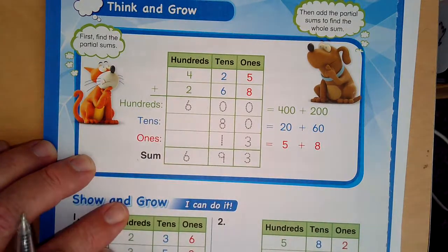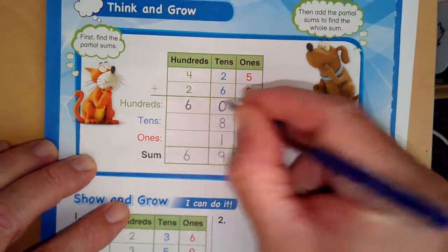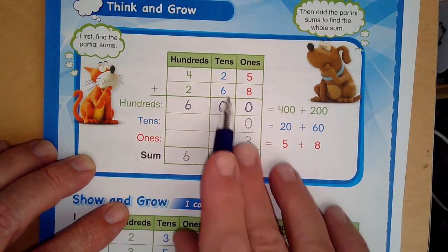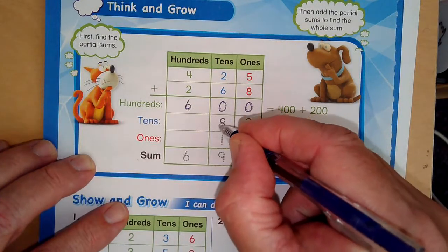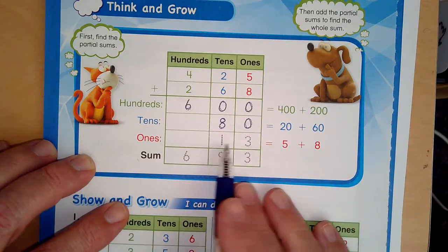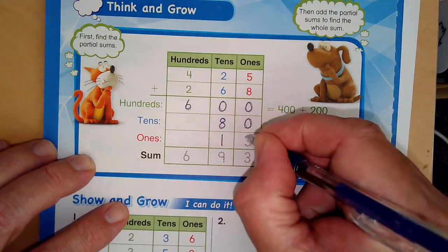So 400 plus 200 is 600. 2 tens plus 6 tens, 20 plus 60 is 80. And 5 plus 8 in this row equals 13.